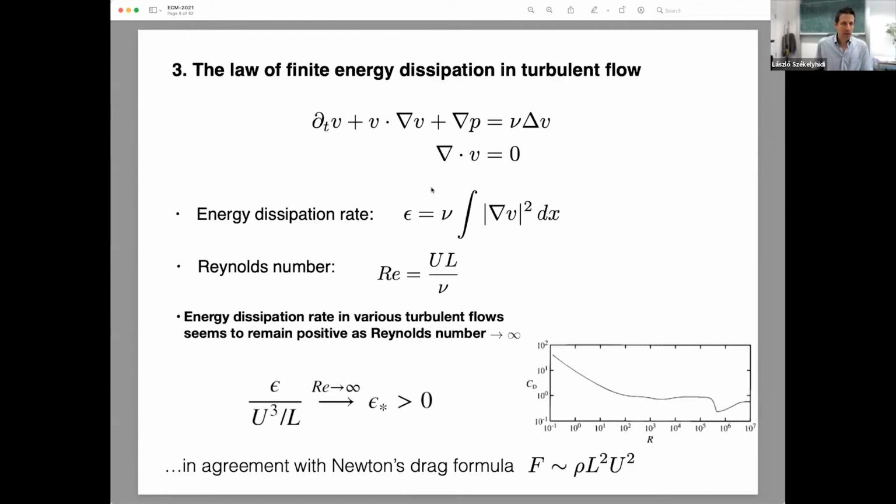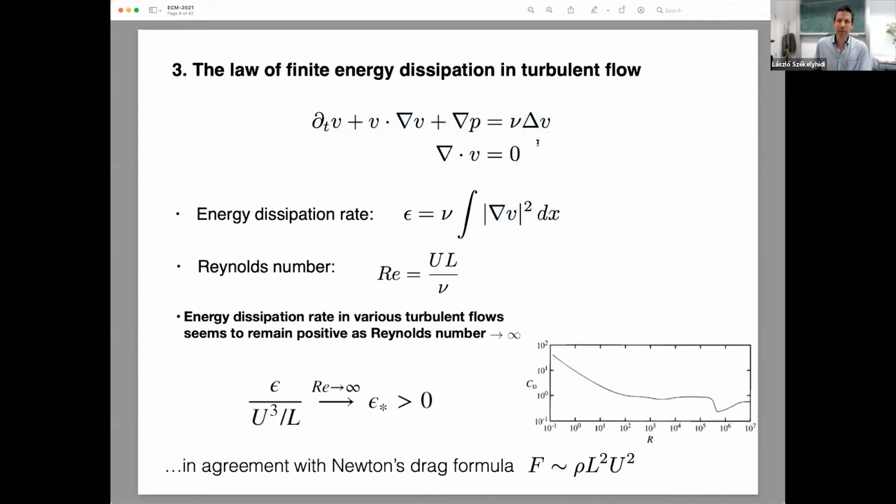Okay, so a third example, which is something that people have worked on in mathematics recently, is what is called the law of finite energy dissipation in a turbulent flow. So let us take again the Navier-Stokes equations written here.